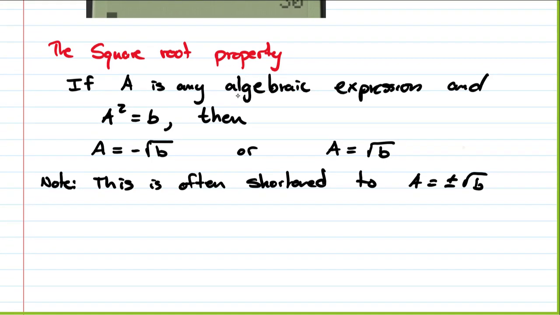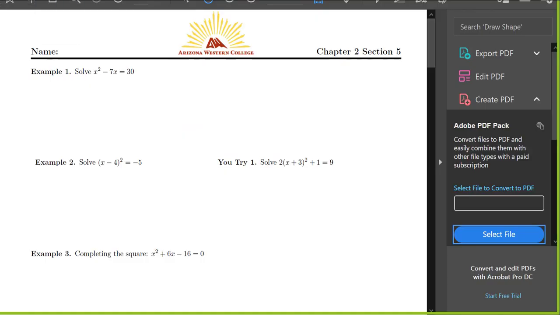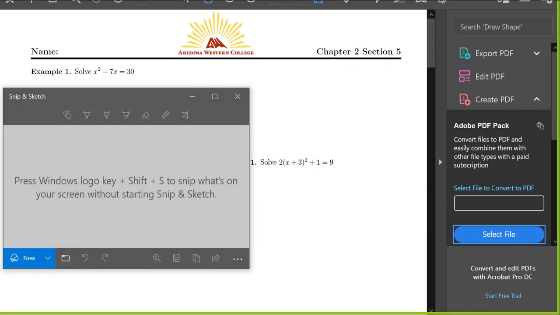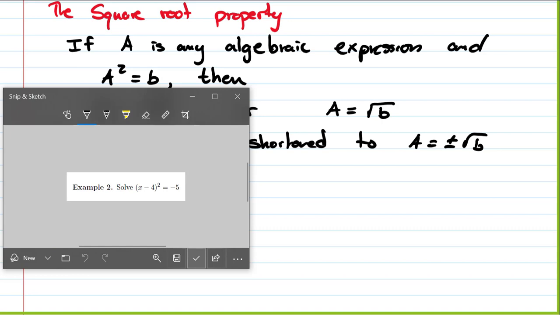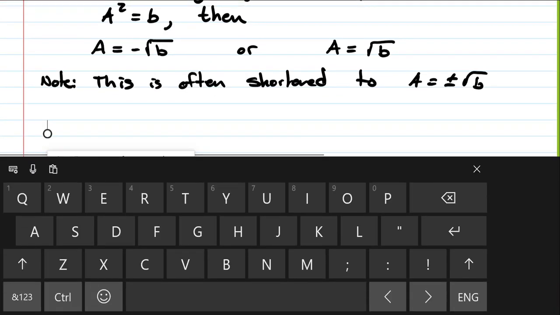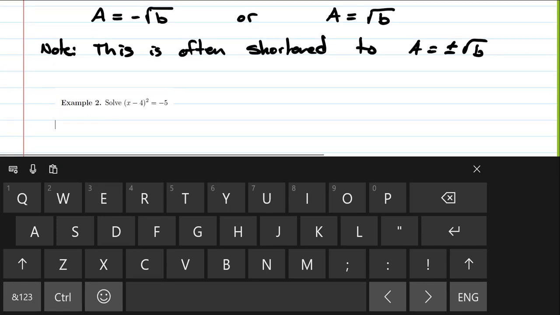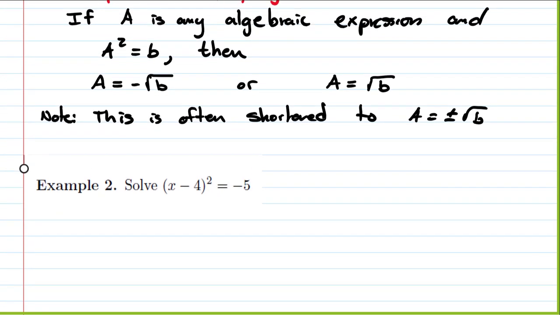All right. So now, armed with our square root property, let's take a look at example number 2. So we wish to solve x minus 4 squared is equal to negative 5. So we want to use our square root property.